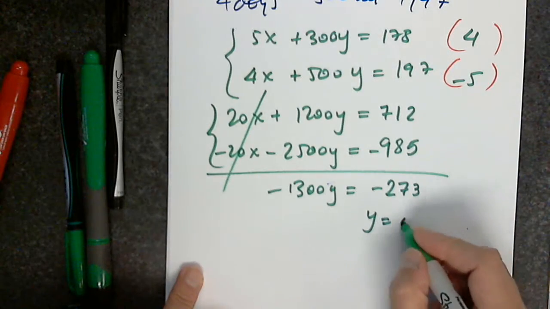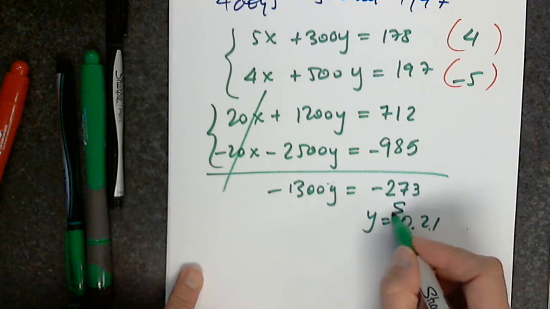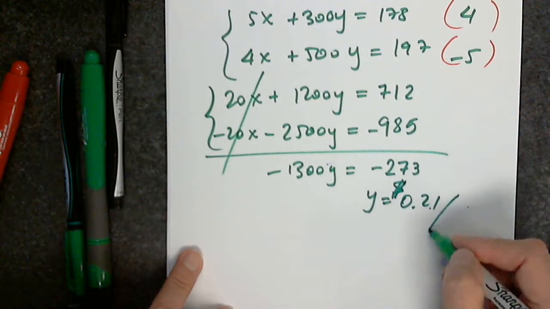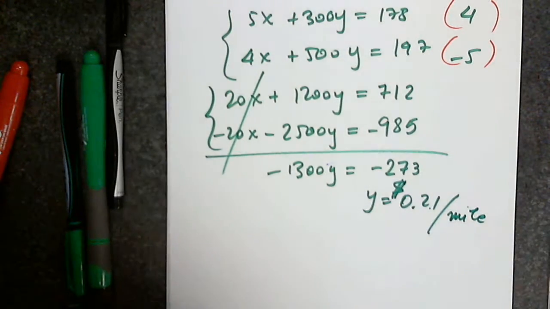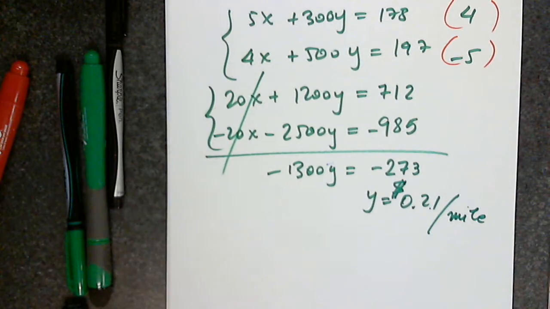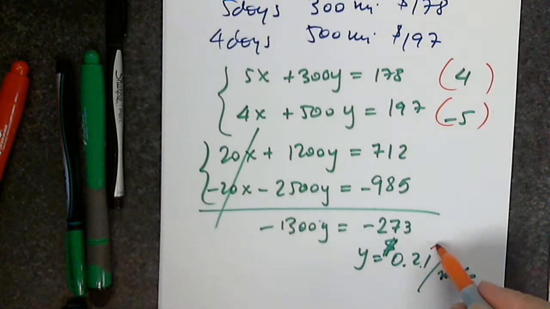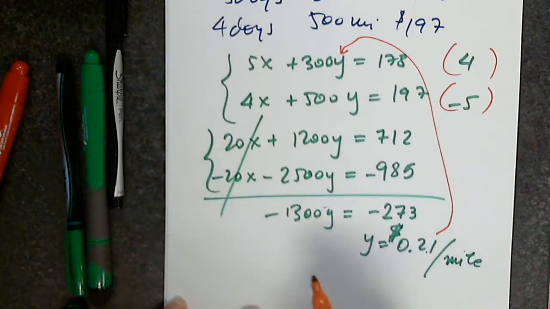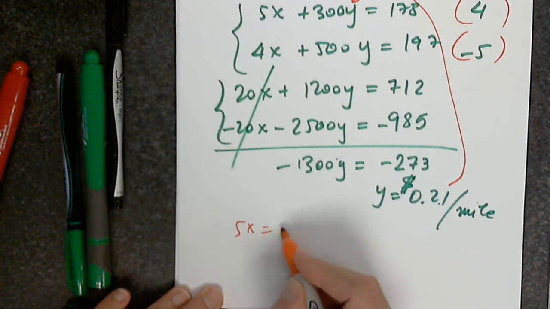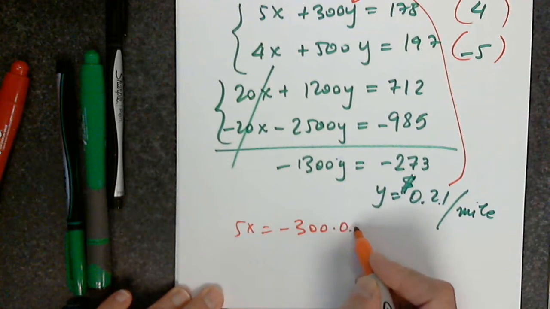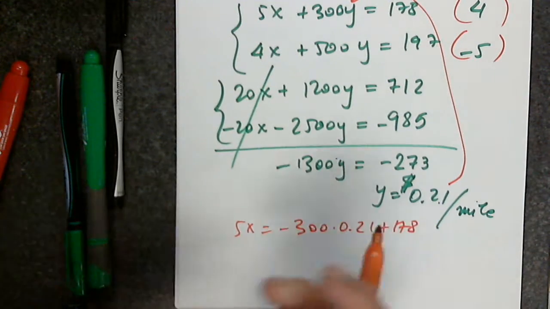I got 0.21 dollars per mile. Is this good enough? It's good, but it's not good enough because I have not determined x yet. So I have to go back here and write 5x equals negative 300 times 0.21 plus 178.